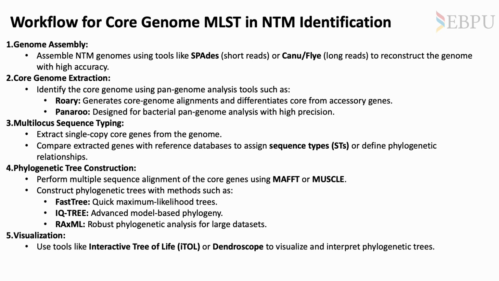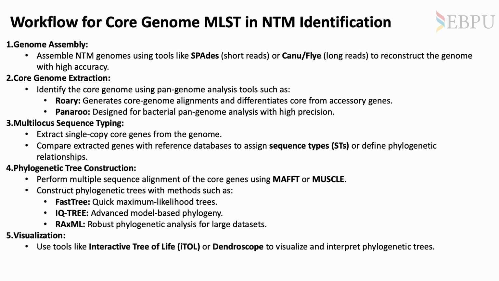This slide outlines the workflow for applying cgMLST to NTM identification. We start with genome assembly using tools like SPAdes or Flye, depending on the read type. Then we extract the core genome using tools like Roary or Panaroo. From there we perform sequence typing by extracting single-copy genes and comparing them to a reference database.